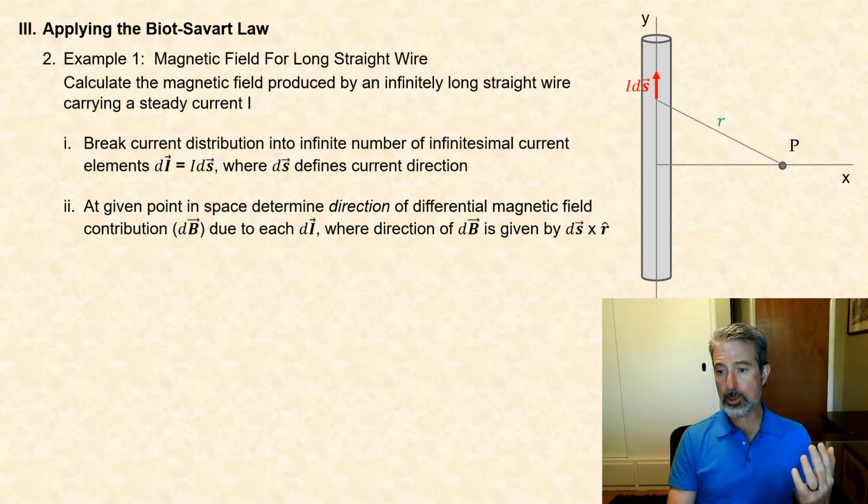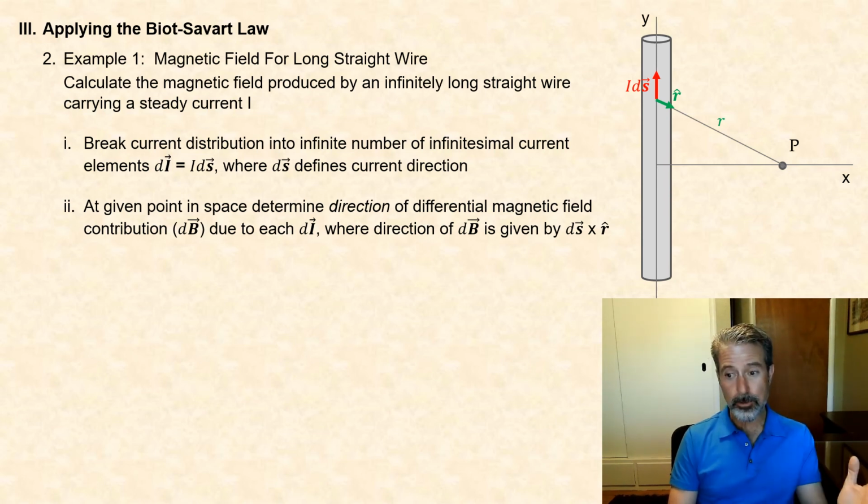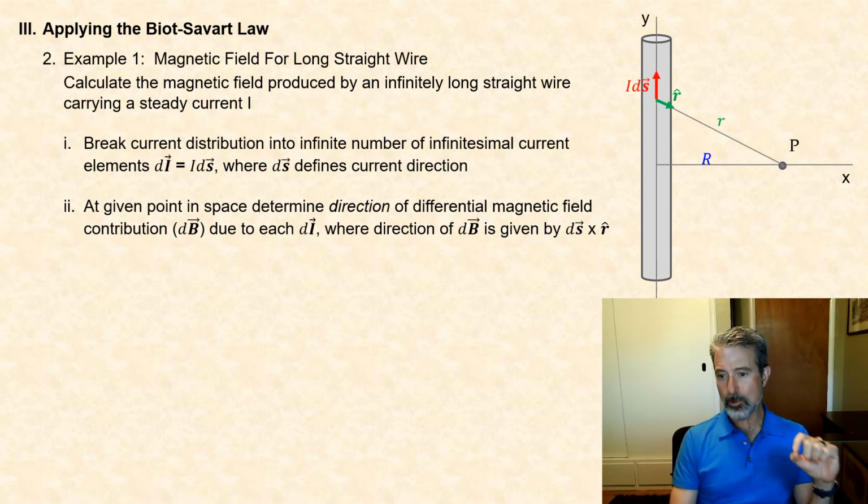Remember that r represents the distance between the current element and the field point, and that r hat, just as in the case for Coulomb's law, where it was directed from the charge element, in the case of the magnetic field is directed from the current element to the field point. And like I said here, big R will represent a constant distance, the shortest distance between the wire and the field point. You'll see why we call it R in a second here.